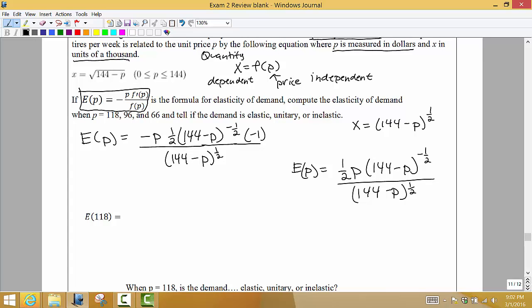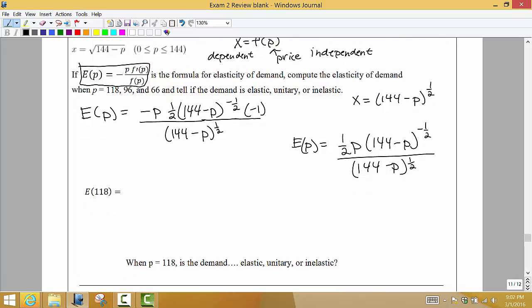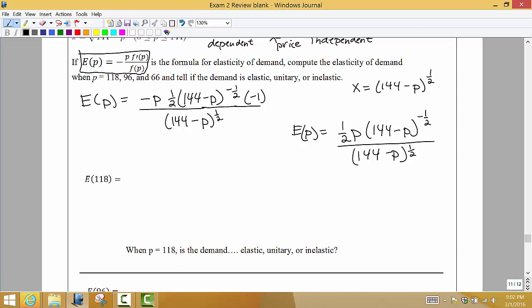Now I would like to plug in different price points and see if we have elastic, inelastic, or unitary demand. I'm going to plug in 118 in place of P, so that's my price. That's 1/2 times 118 times 144 minus 118, all of that raised to the negative 1/2 power, and then divided by 144 minus 118 raised to the positive 1/2 power.